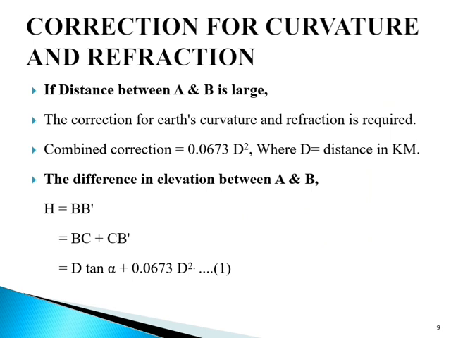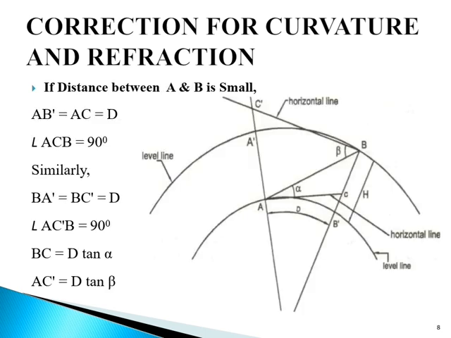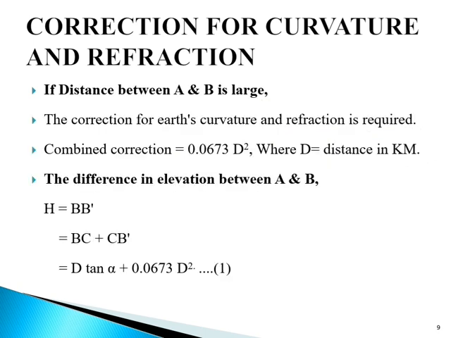It will be given by BC plus CB dash, so BB dash is equal to BC plus CB dash, the summation of these two values. So it will be given by D tan alpha plus 0.0673 d square, and we will term it equation number 1.